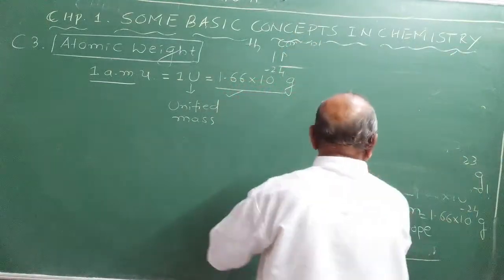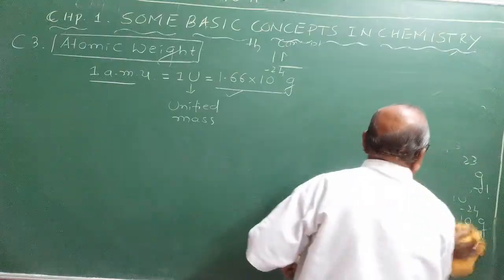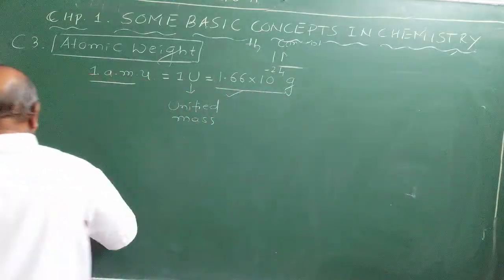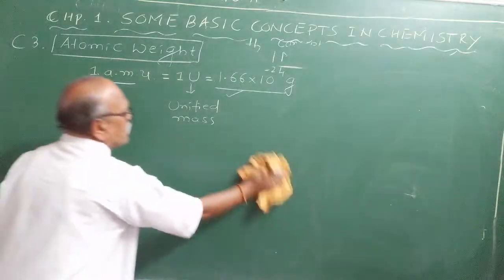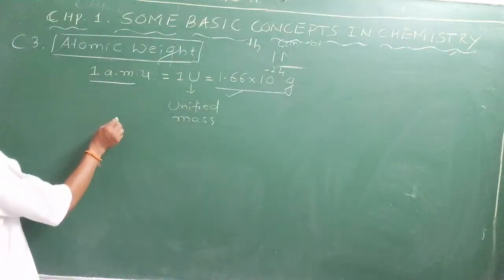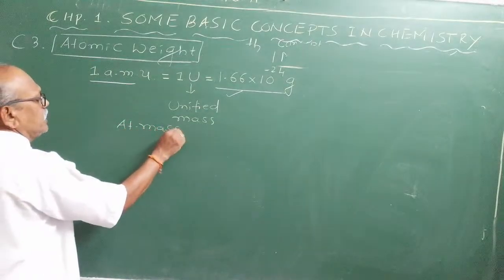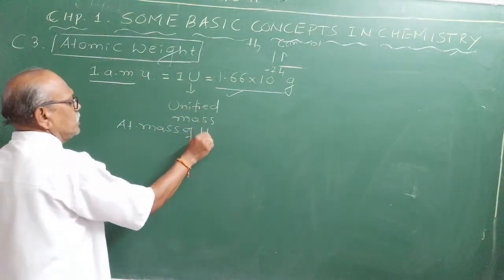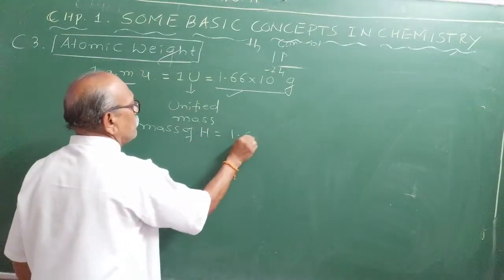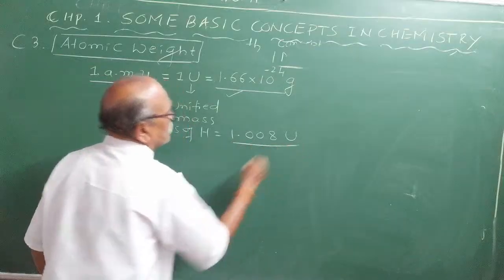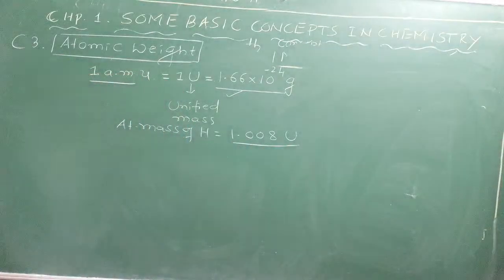Generally, whatever atomic mass you get in the periodic table, if you observe the periodic table, the atomic mass of hydrogen, what do you get? You will get 1.008 U. It is called unified mass. Are you getting me?